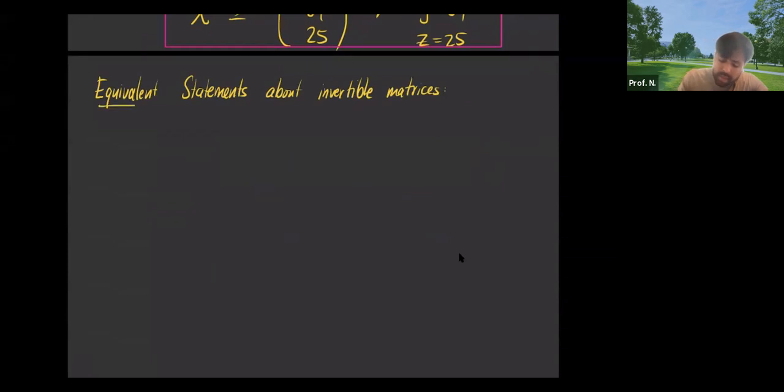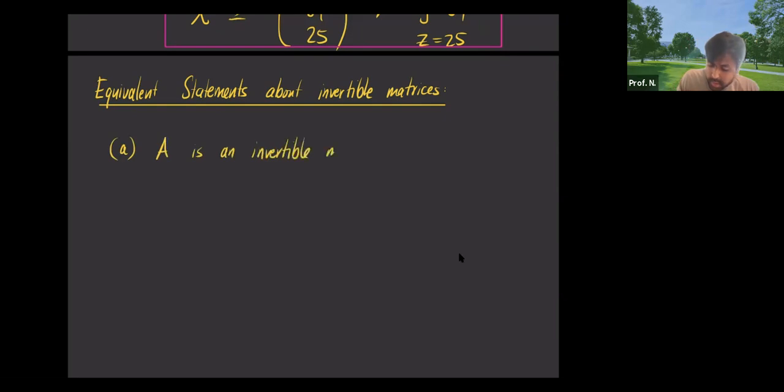Remember, these equivalent statements are just going to be a list of them, and we're going to go through more and more things that indicate the same thing. So first of all, if A is an invertible matrix, it means that what? A inverse exists, right?